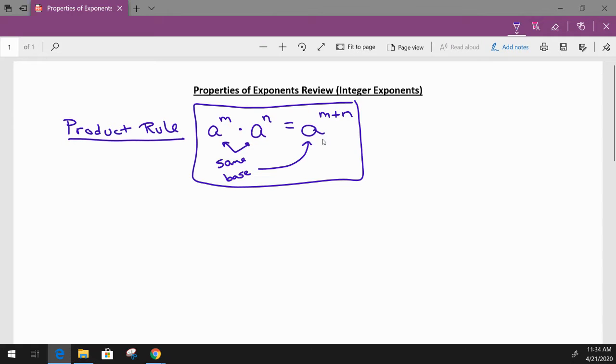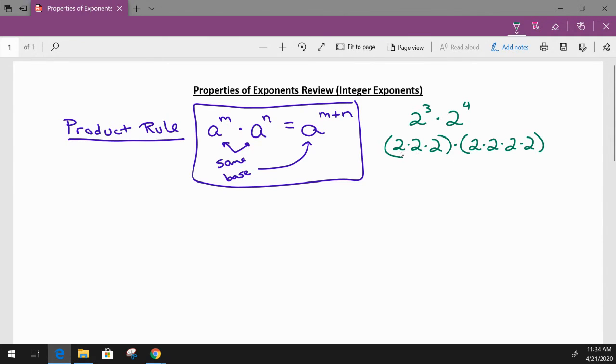So here's an example of why this works. Let's say, for example, you have 2 to the third power times 2 to the fourth power. So 2 to the third power means 2 times 2 times 2. 2 to the fourth power means that you're multiplying 4 2's together.